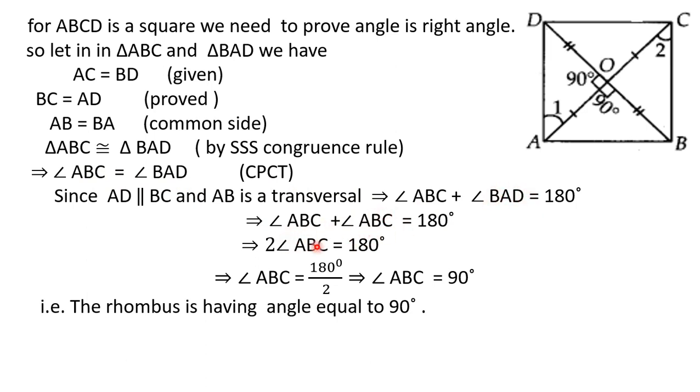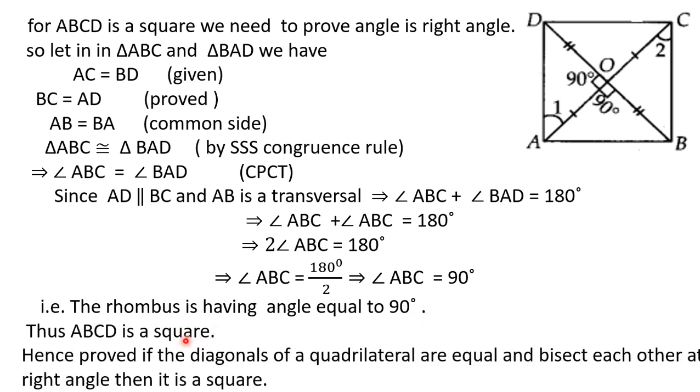So twice angle ABC is equal to 180, and then angle ABC is 90 degrees. That is, the rhombus has an angle equal to 90 degrees. Thus ABCD is a square. Hence proved. If the diagonals of a quadrilateral are equal and bisect each other at right angle, then it is a square.